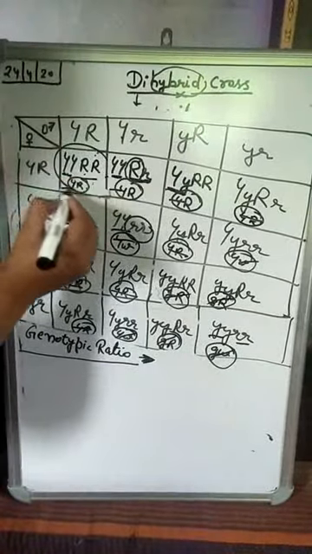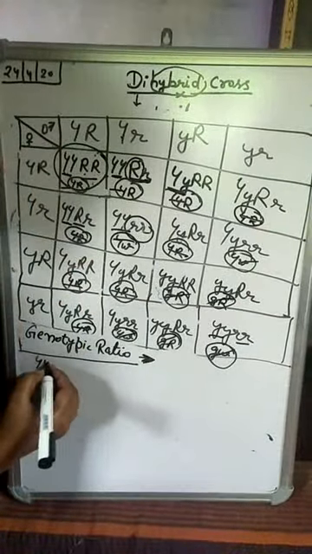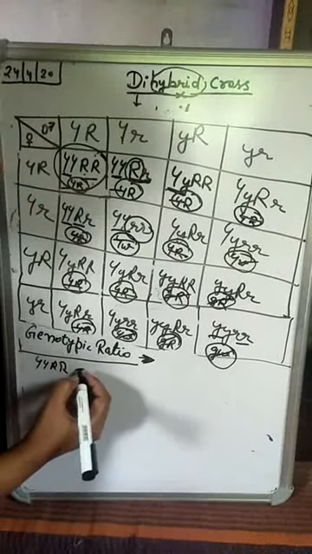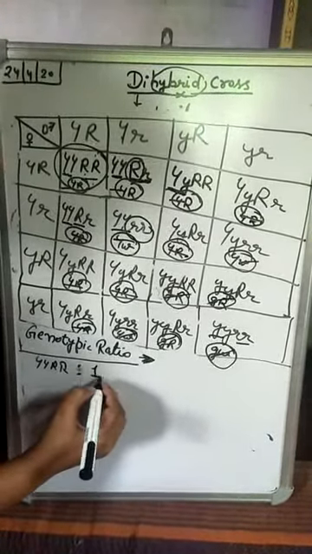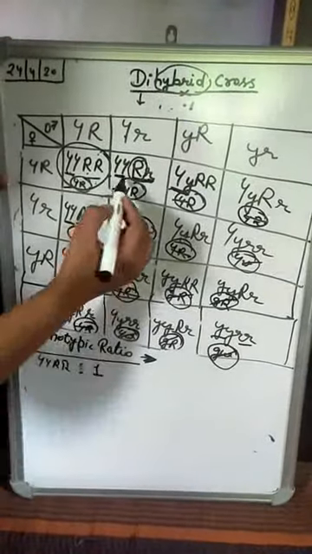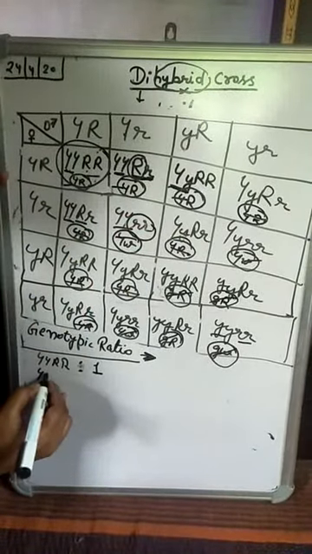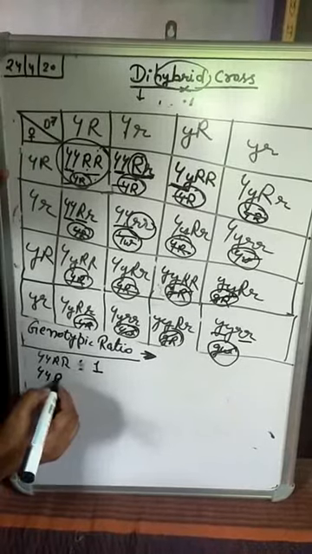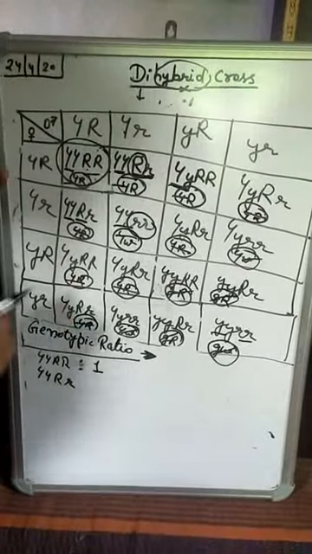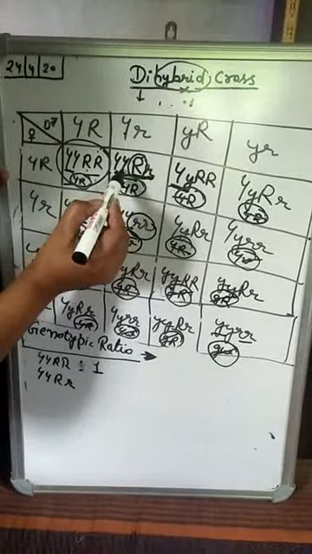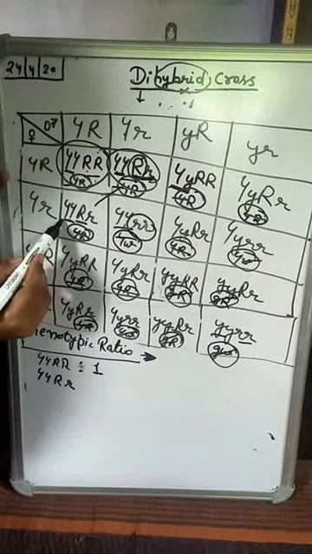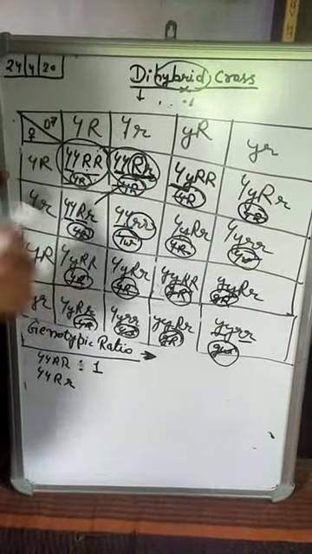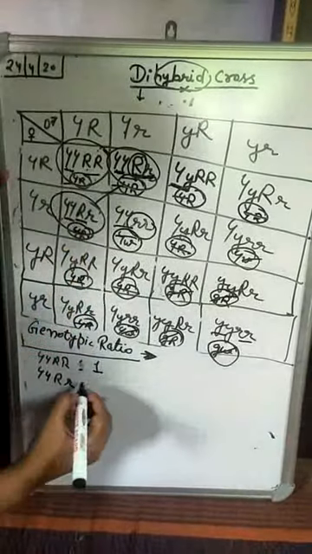Like this one, see, this one is only one in the entire 16 combinations. This type of genotype is only one. Second one, capital Y, capital R, and small r. Look, capital Y, capital R, small r. Same, capital Y, capital R, small r. How many are there? There are two.